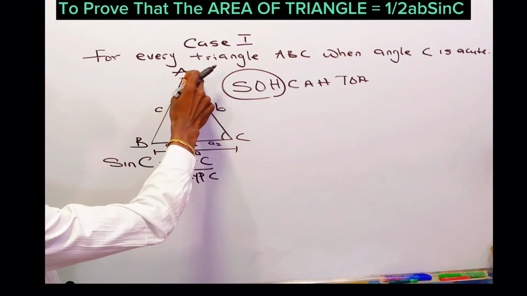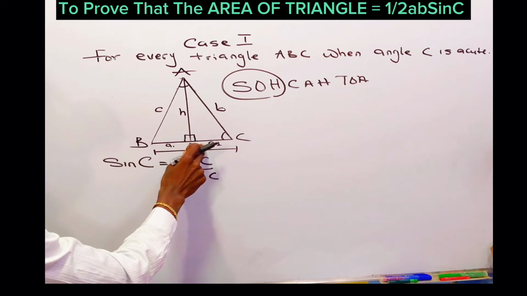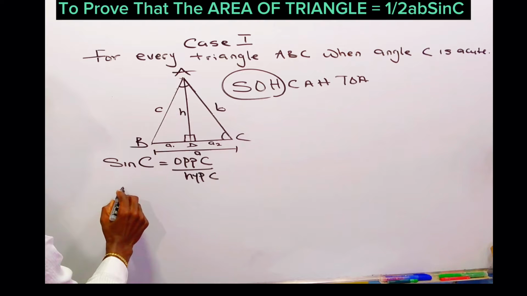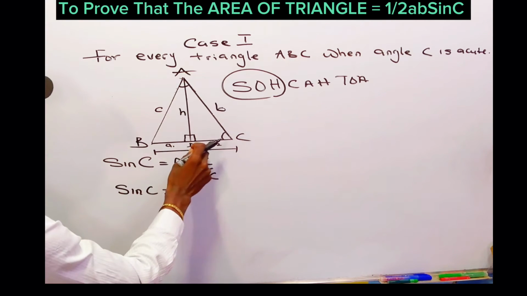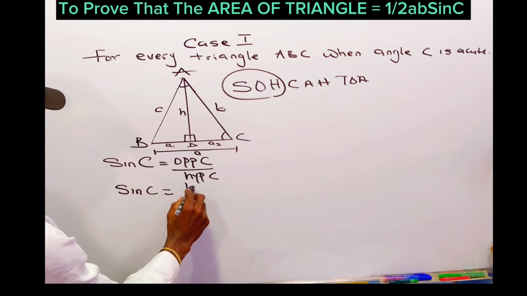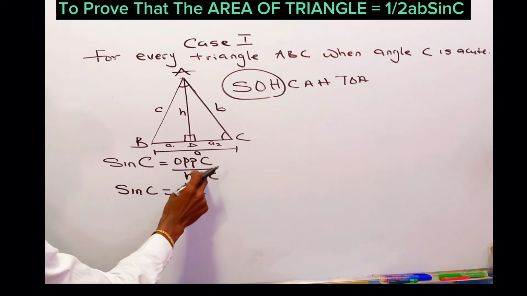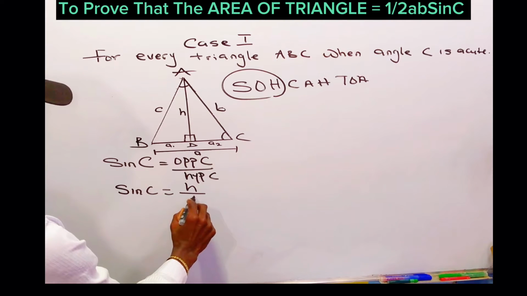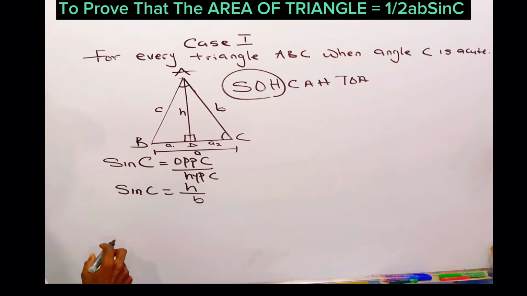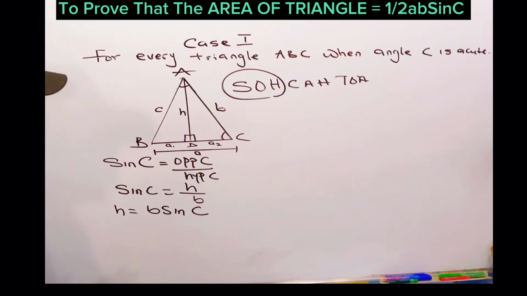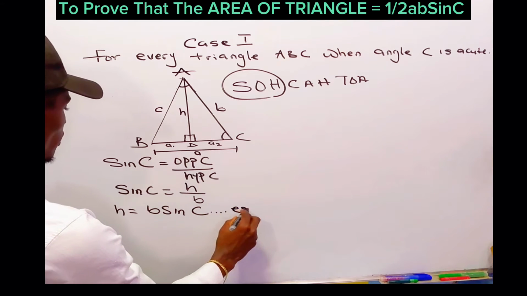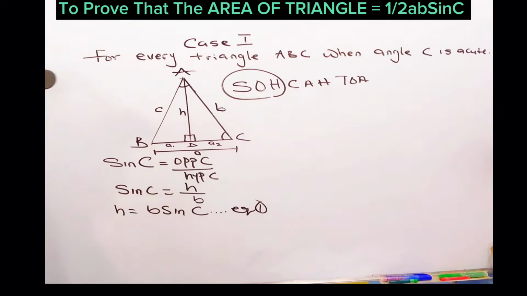Opposite C from triangle ACD is H, over hypotenuse, which is B. Now, making H subject of the formula by cross multiplying, we have H equal to B sine C. Let's call this equation 1.